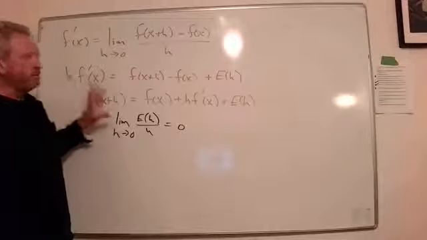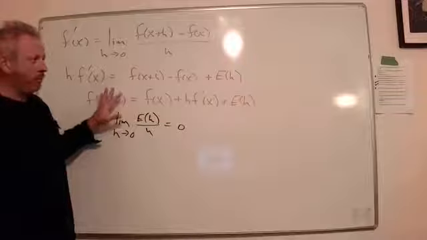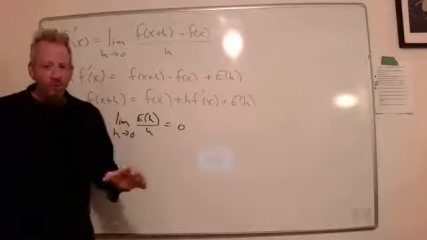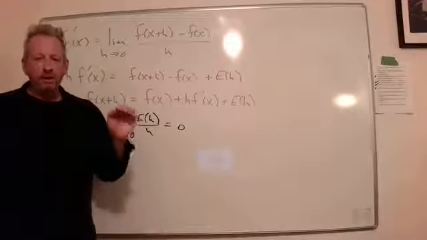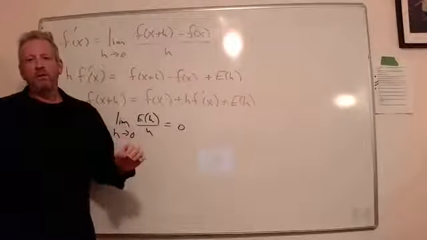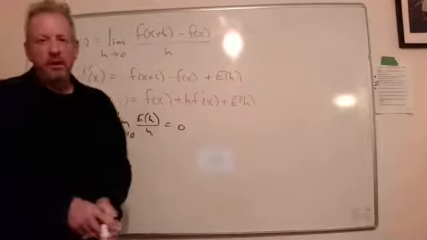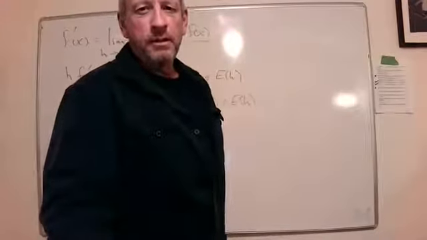Now, we want to use this format to define, notice, not prove, not derive, but define what it means for a function of more than one variable to be differentiable. So I want to write down the definition in the book.